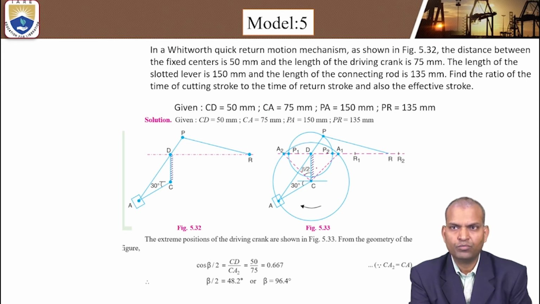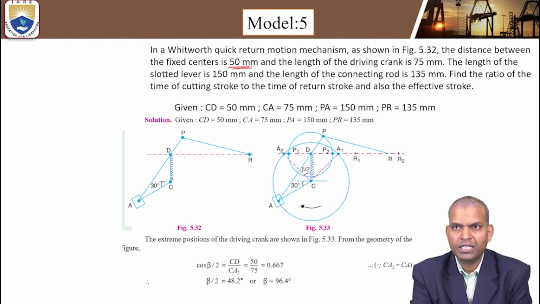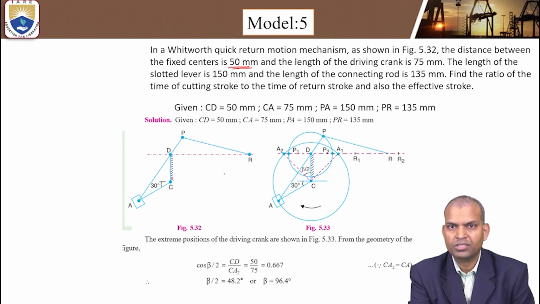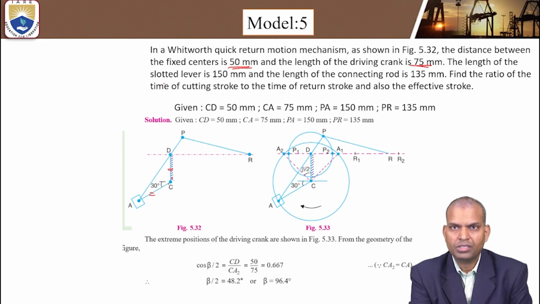In this mechanism, the distance between the fixed centers CD is 50 millimeters, and the length of the driving crank CA is 75 millimeters. The length of the slotted lever PA is 150 millimeters.